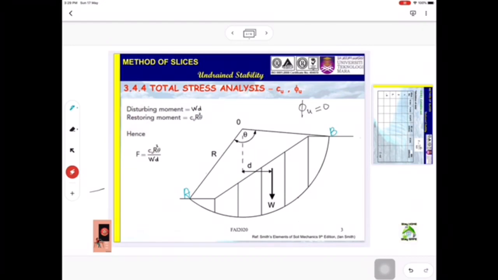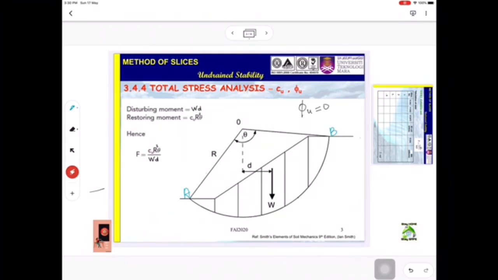But this week, when we use the method of slices, you have to draw this slope section on graph paper with a scale, a correct scale and dimensions given. Then you can divide this section into a few slices.